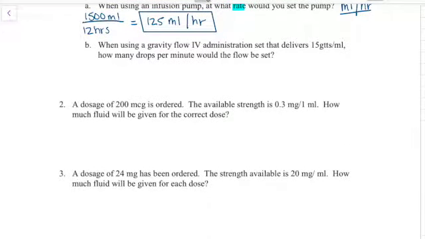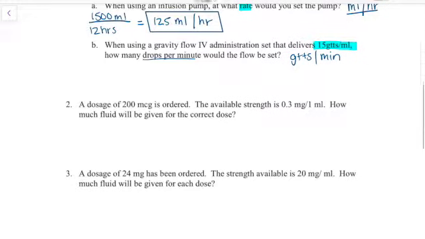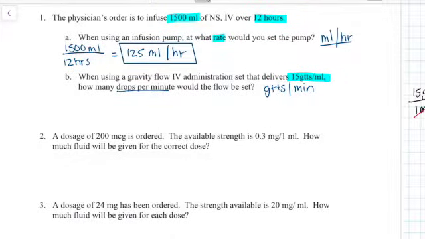B, when using a gravity flow IV administration set that delivers 15 GTTs per ml, how many drops per minute would the flow be set? So our final answer is going to be in drops per minute. Okay, so we have 15 drops per ml.